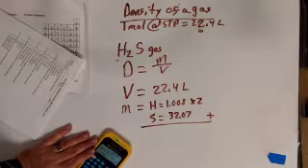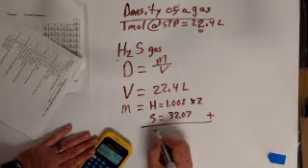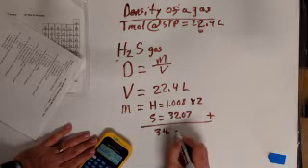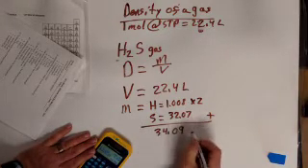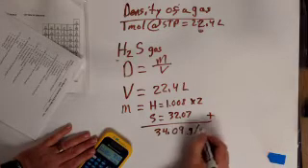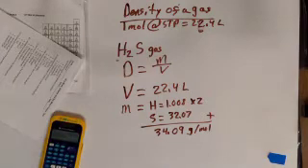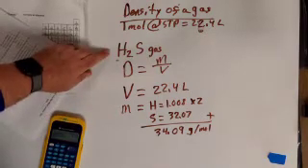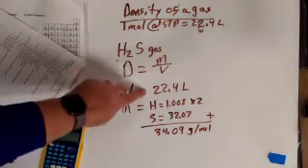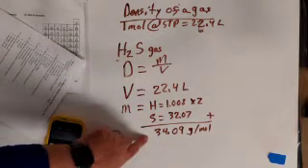All right, so then we're going to add all that together: 2 times 1.008, that's 2.016. We're going to add to that 32.07, and so the mass is equal to 34.09 grams per mole. That's the molar mass. All right, so we now have the volume of 1 mole. We have the mass of 1 mole.